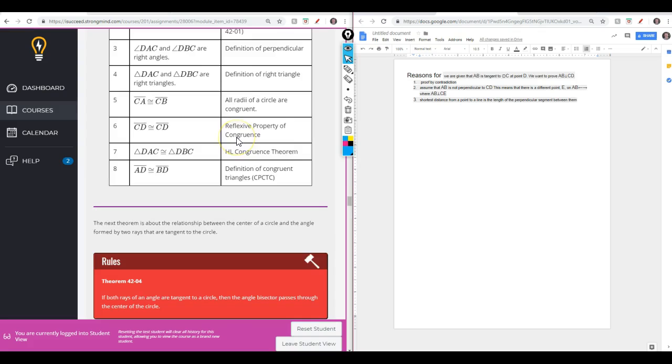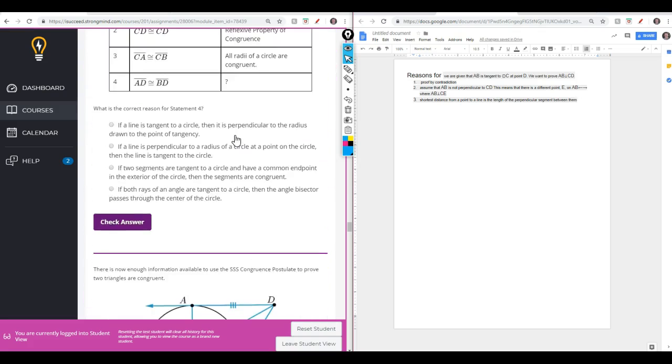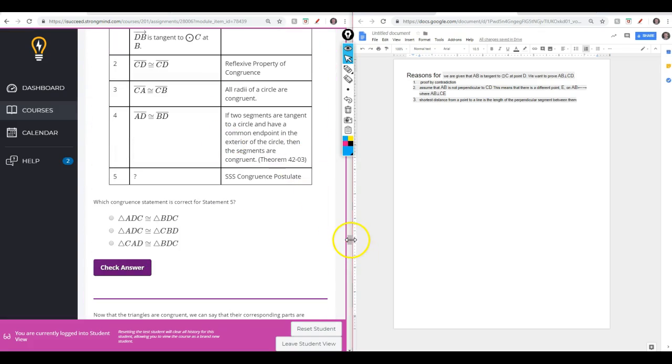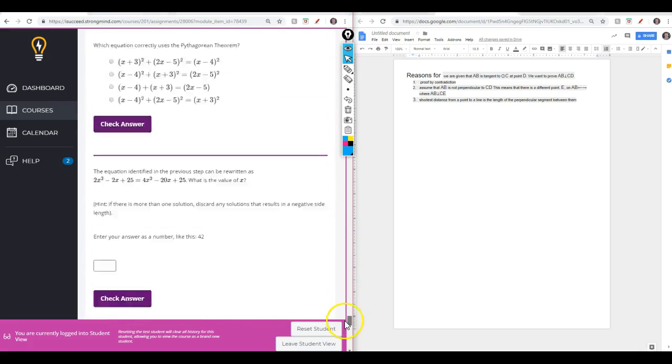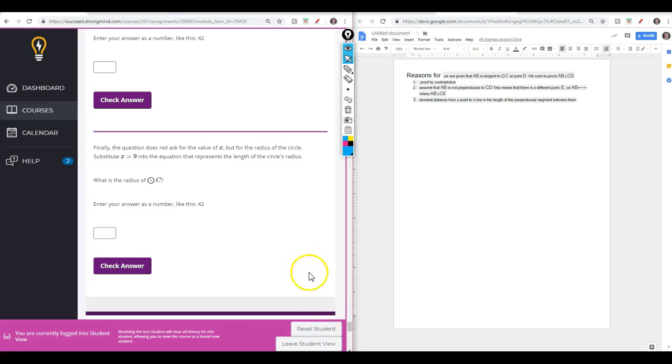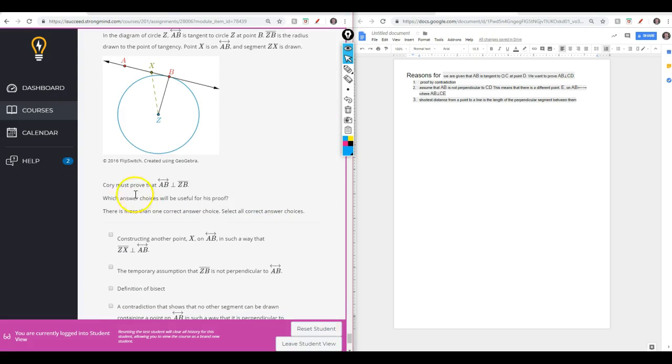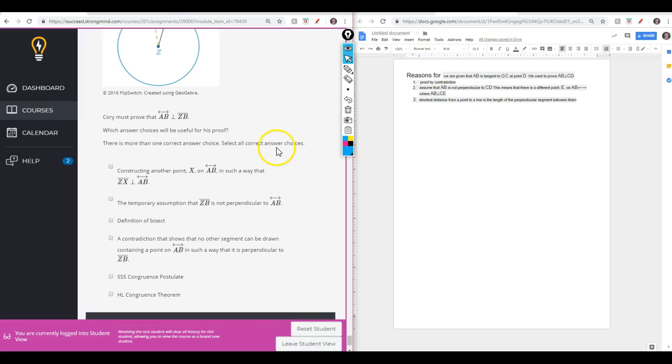And that's what I would be using to answer this question as a resource. So if we jump back down to this question, we want to prove that this line that's tangent to it is perpendicular to its radius. There's more than one correct answer choice.